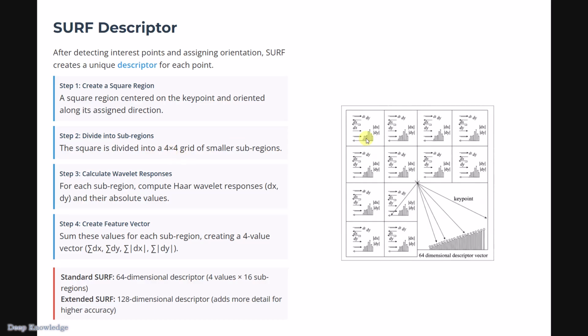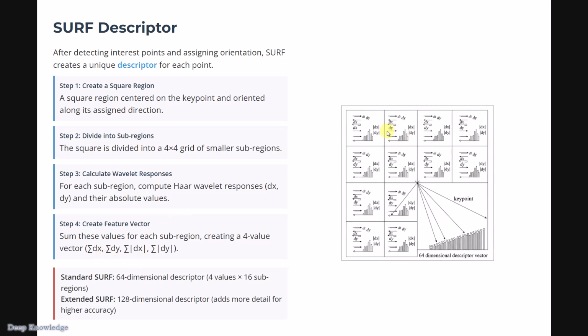Now for each subregion, we define the gradient in each direction, x and y, and this is the descriptor of this region. We have the summation of dx, which is the gradient in the x direction, and the gradient in the y direction, and the summation of the absolute value in the x direction and the absolute value in the y direction.